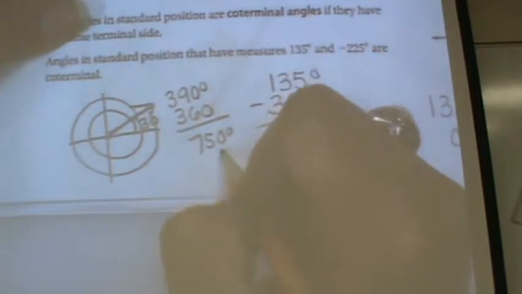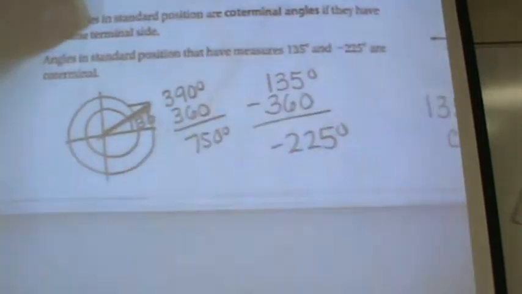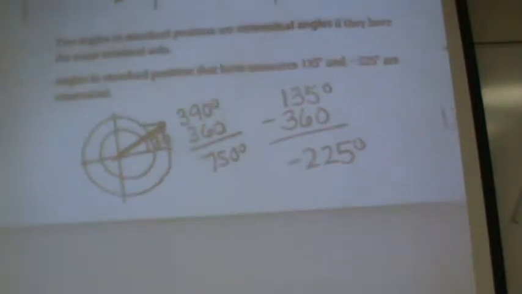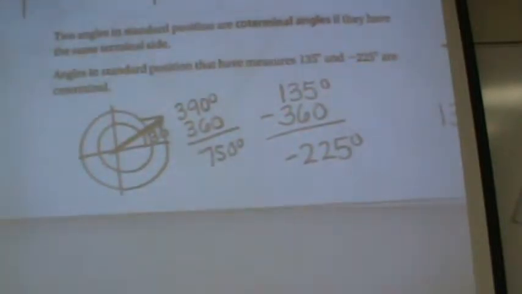So 390 degrees, and I can add another 360 and get 750. A 750-degree angle is also coterminal to a 30. So I can keep adding or subtracting multiples of 360 degrees to find different coterminal angles. Does that make sense? So what is a coterminal angle? They're the same terminal side.